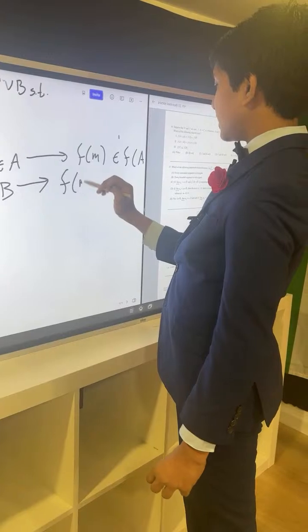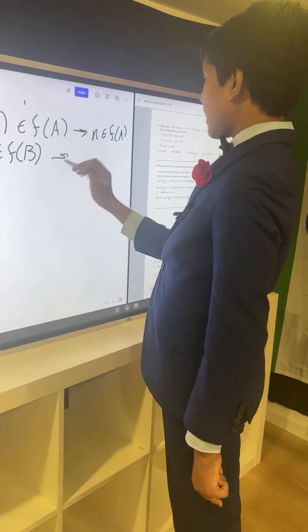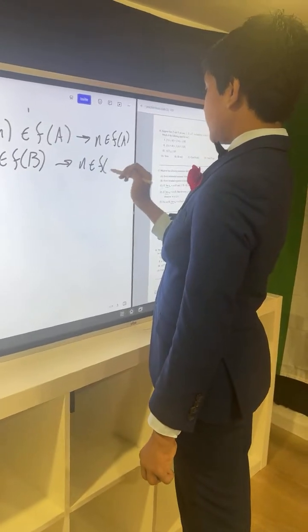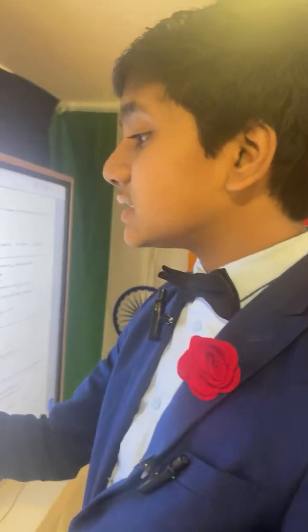Then f of m is in f of B. So then n is in f of B. So it could either be in f of A or in f of B, which means that it's guaranteed to be in their union.